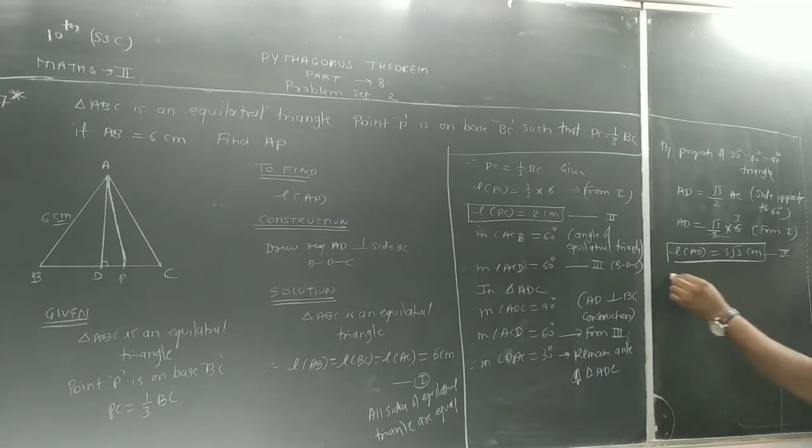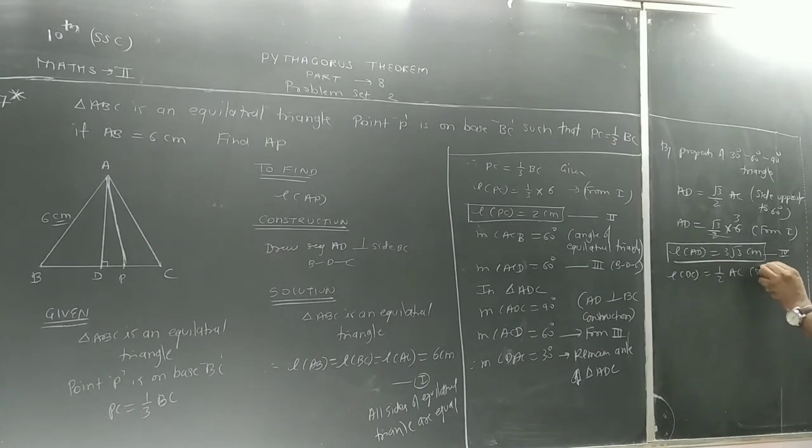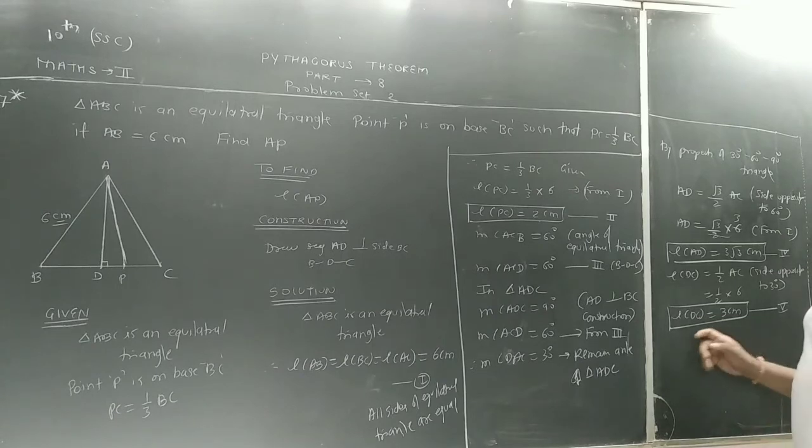And length DC is equal to half of AC, the side opposite to 30 degrees. That is half into AC. AC is 6, so DC will become 3 centimeter, equation 5. Now, we got DC, correct? But length DP plus length PC is equal to length DC.